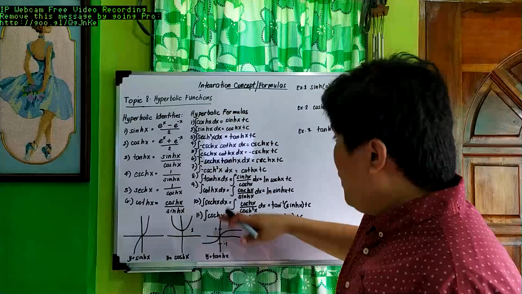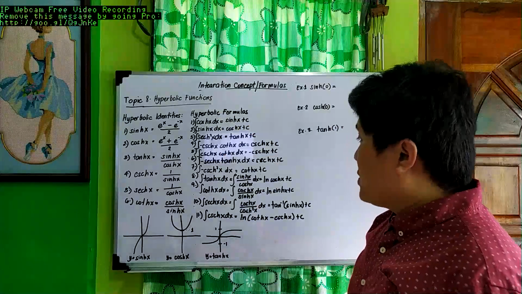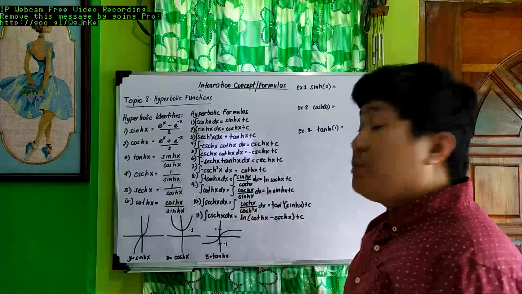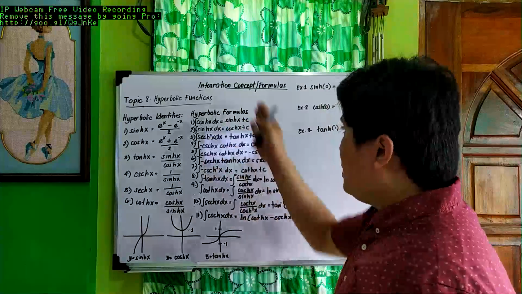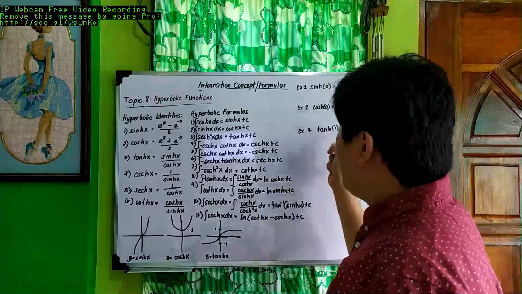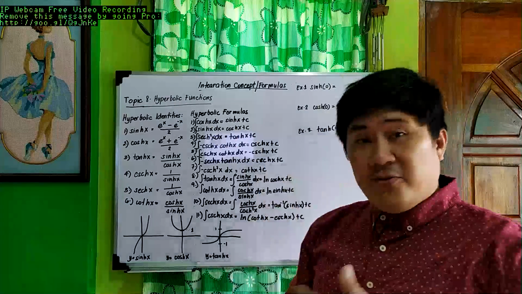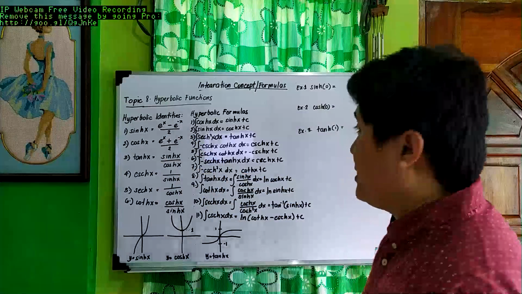So here we have 11 hyperbolic formulas. Some of those we'll be using. So first, before we tackle the hyperbolic function in integration, let's first have a recall of our hyperbolic identities.